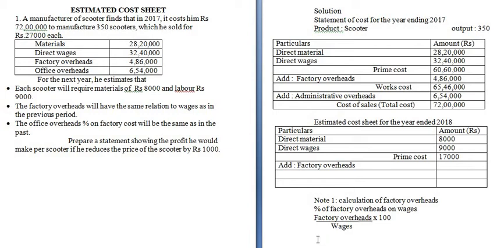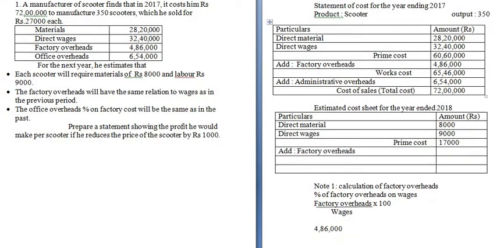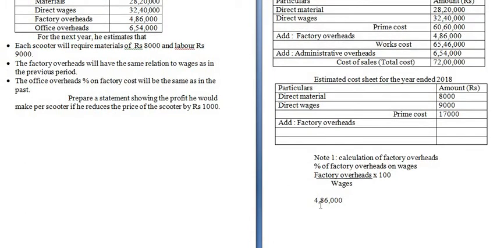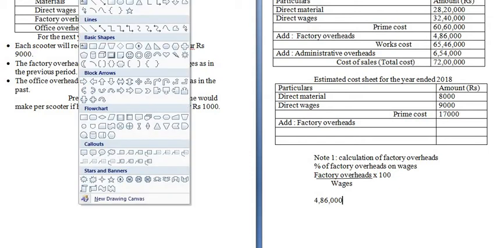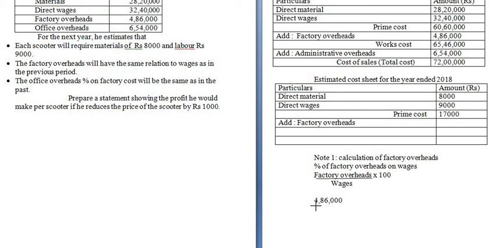Okay, now next line. Now factory overheads in the year 2017 you will have to check. So in the year 2017 factory overheads is how much? So go through the first statement. It is 4,86,000. Now next, divided by wages. Okay, again go through the problem, again check wages amount.